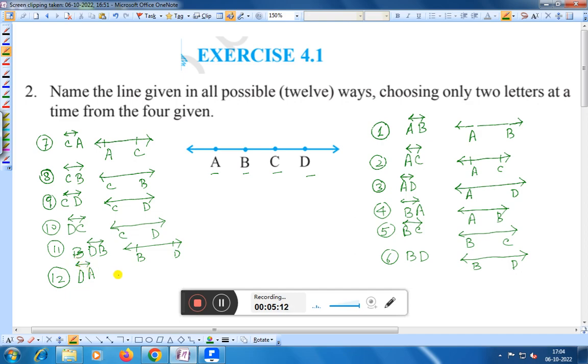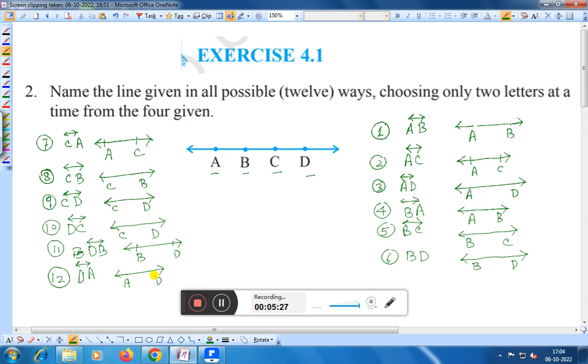It is like this. DA. Here it is D and here it is A, right?